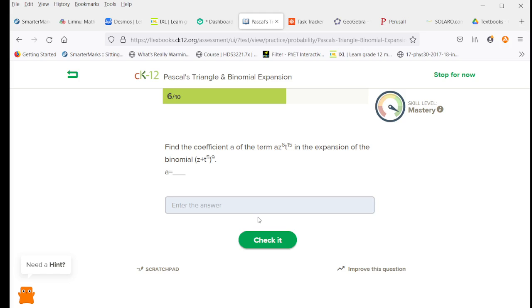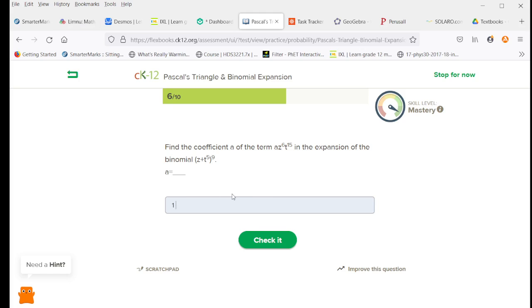Now we want to find the coefficient a in that term, a z to the 6 to the 15 in the expansion of this binomial. So this is 1. So that's the 6 and the 15. That's consistent. 6 and 3. That'll be times 3. So we would have our z to the 9, 8, 7, 6.